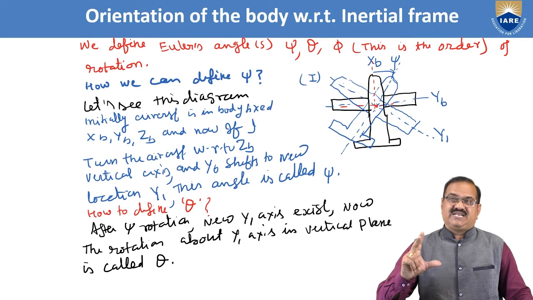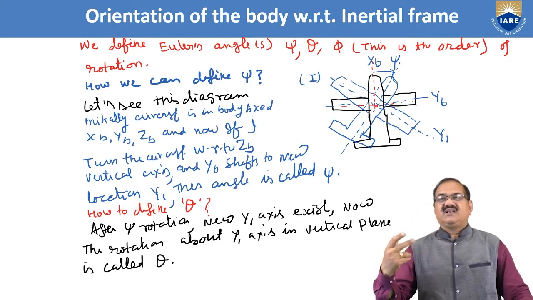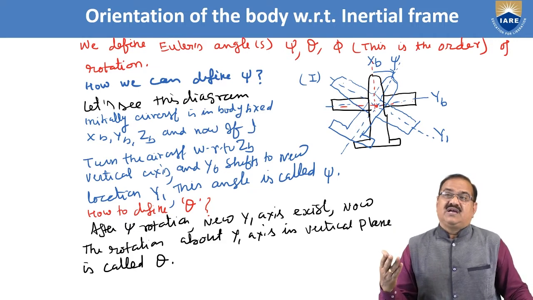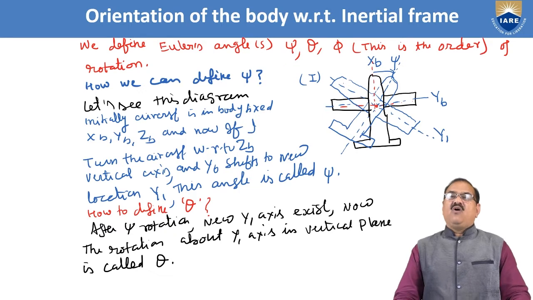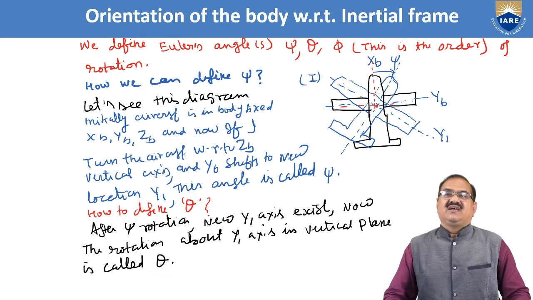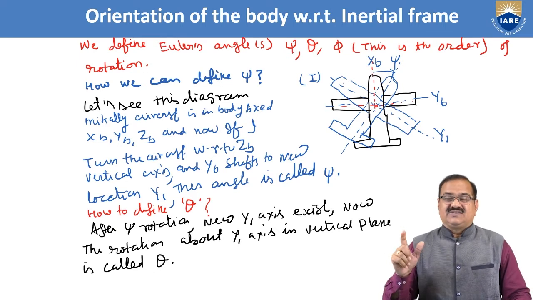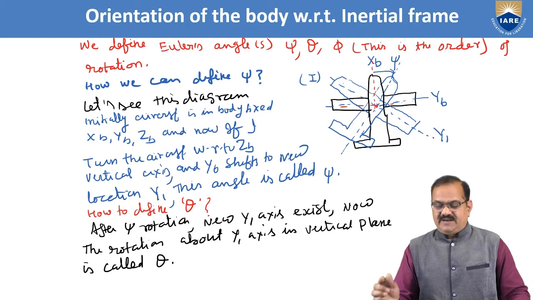First we have to rotate the psi angle, which is also called the azimuth angle, then theta, which is also called the elevation angle, and phi, which is called the rolling angle of the rotation. So how can we define psi, the azimuth angle?